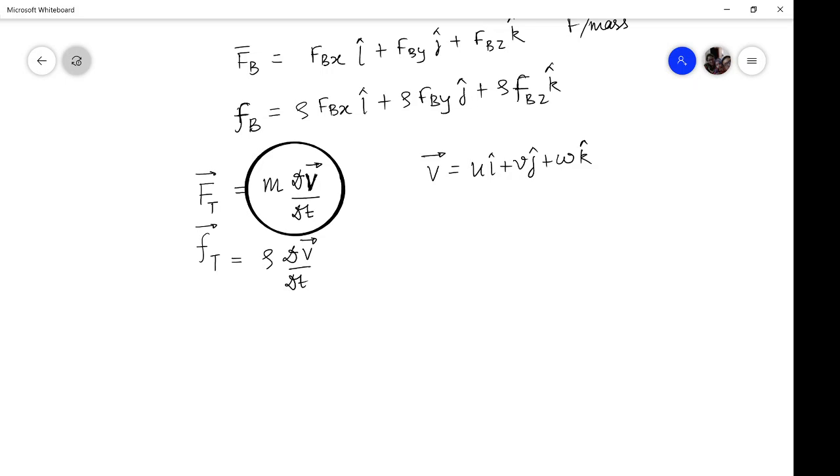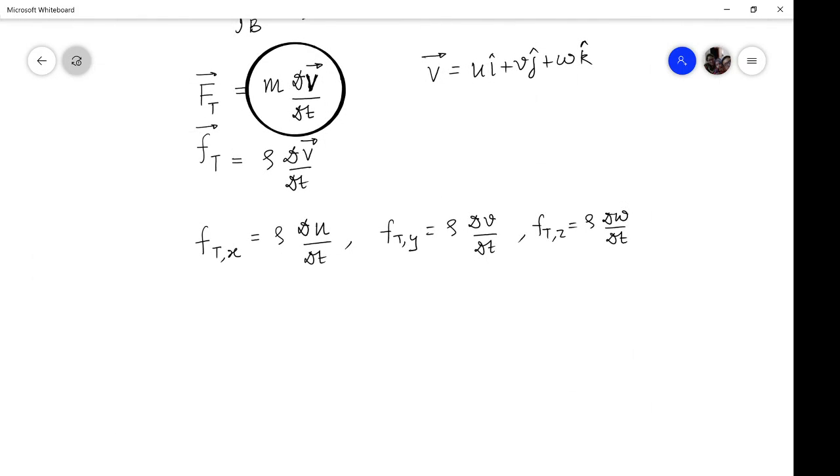So the total force in the x direction will be rho du by dt, in the y direction rho dv by dt, and in the z direction rho dw by dt. So this is the total force in x, y and z directions, that is the acceleration in that particular direction times the density. So let us try to understand this. On the left side we will write this acceleration term first.